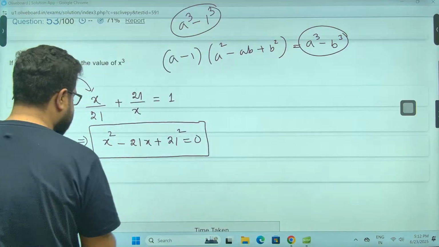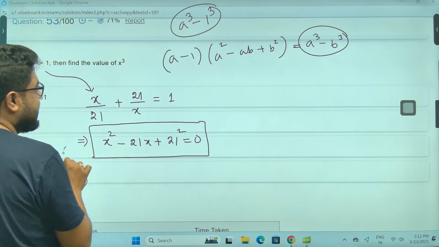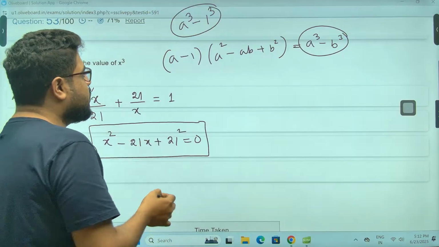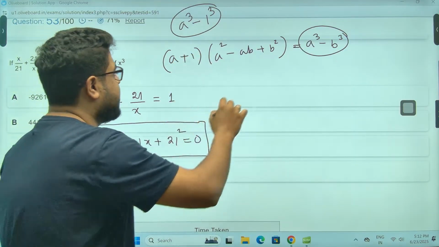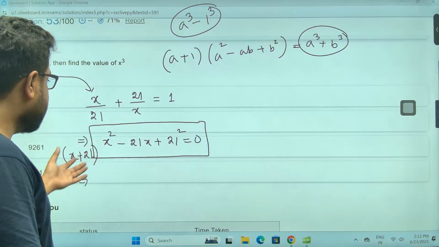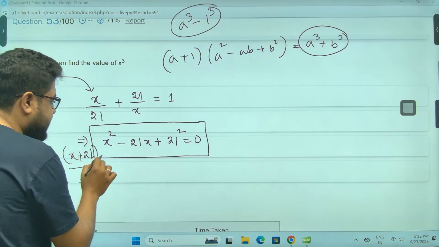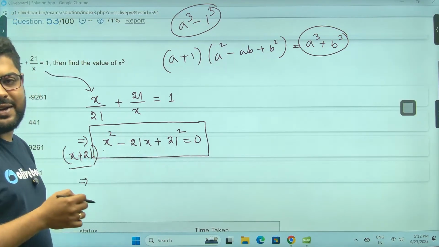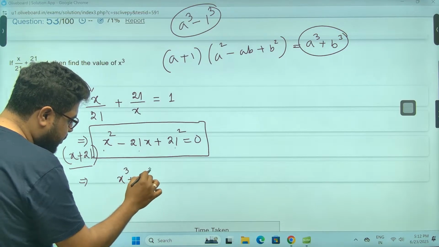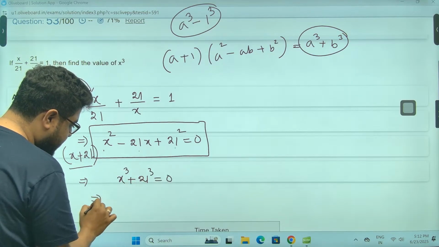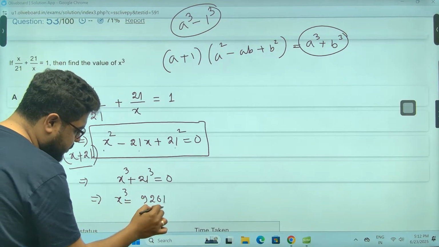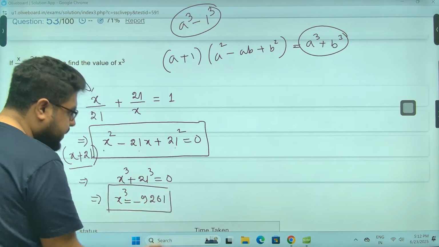So you get x cube plus 21 cube equal to 0. From there, x cube becomes minus 21 cube, that is minus 9261.